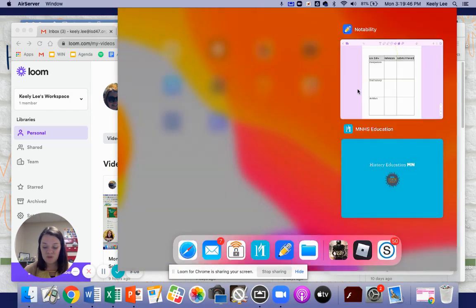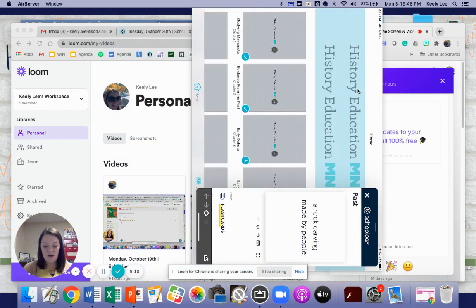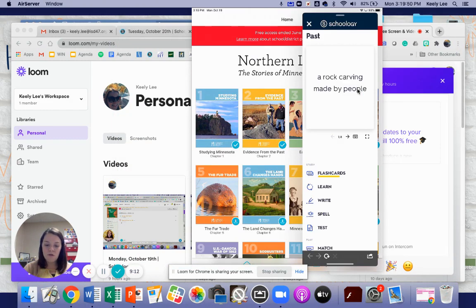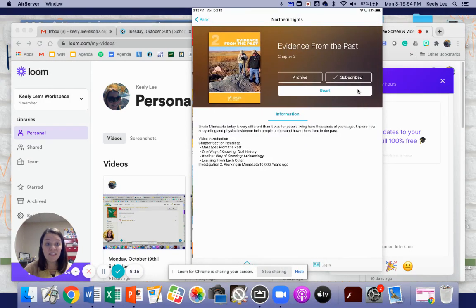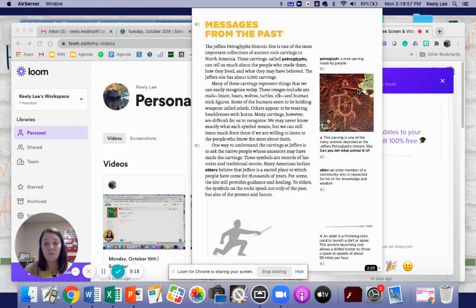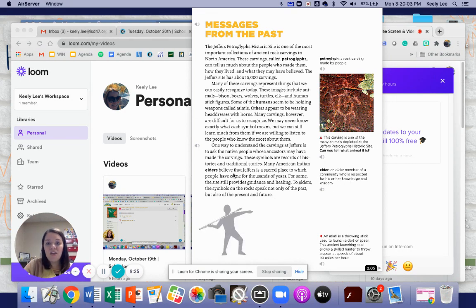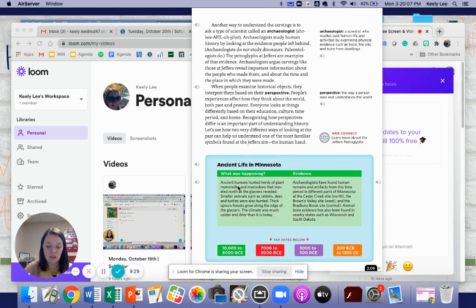Remember, 6th graders, if you're still struggling with what you want to include, go back into that chapter and not only read the definition here, but you can read about what they're talking about, okay? And that might give you some clues of what to see.